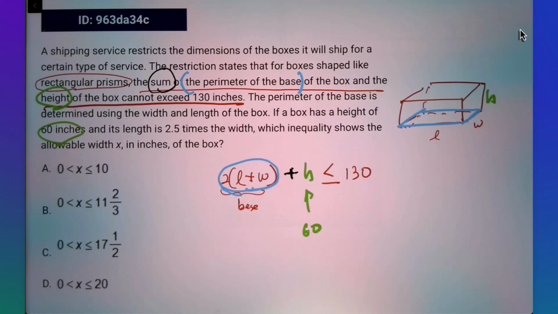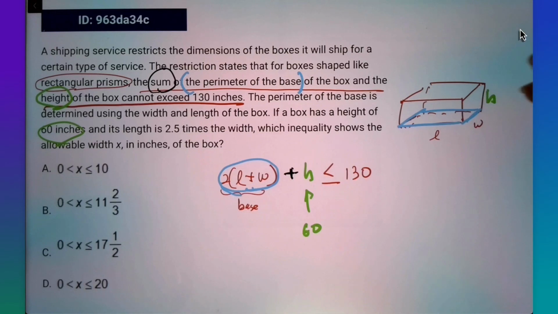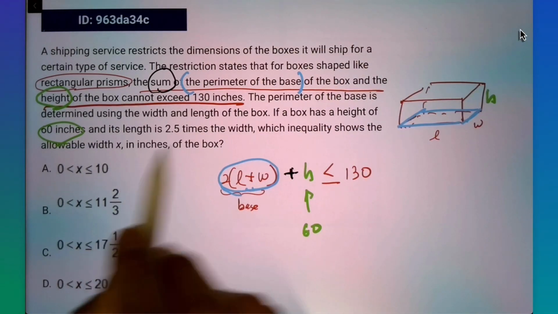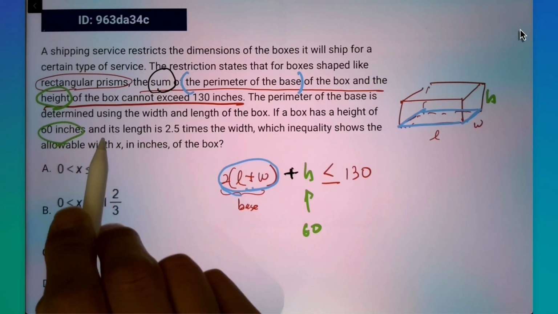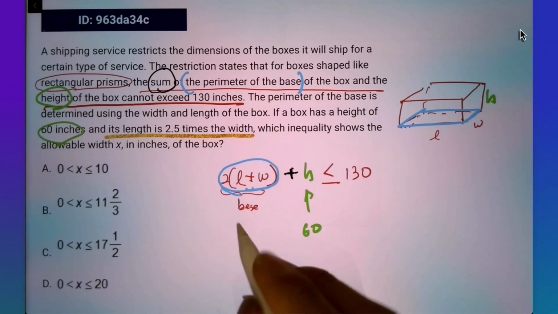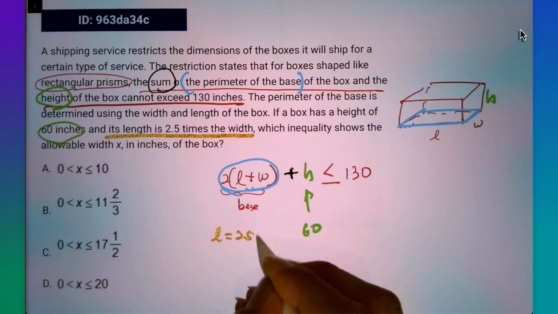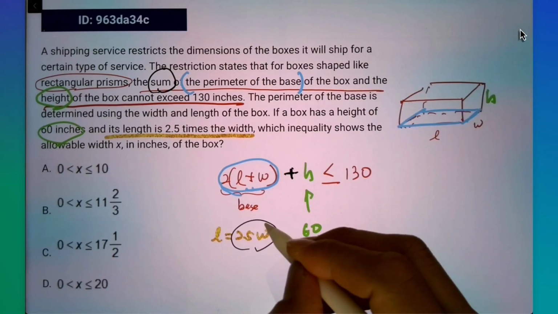And its length is 2.5 times the width, so I'll have another equation: length L equals 2.5W. And I'm going to plug it in where L is.